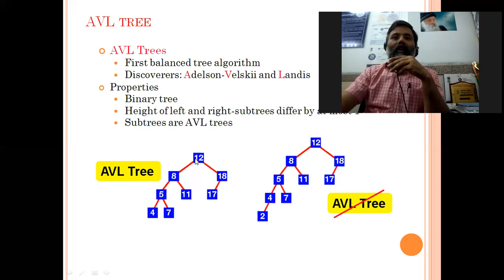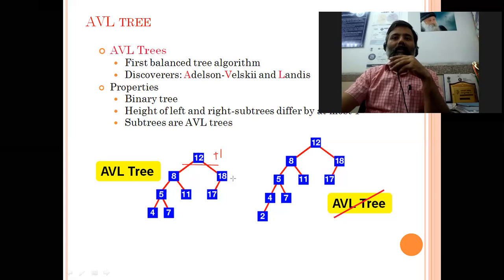At this node 12, the height of the left subtree is 3, and the height of the right subtree is 2. So the difference will be 3 minus 2, that is 1. So at this node we have the difference of plus 1.